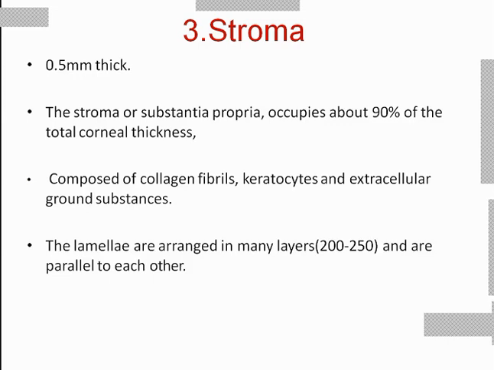So stroma is about 0.5 millimeters thickness. The major part, that is 90% of the total corneal thickness, is formed by the stroma. It's also called substantia propria. It is composed of collagen fibrils, keratocytes, and intercellular ground substance. Lamellae are many layers and are parallel to each other.